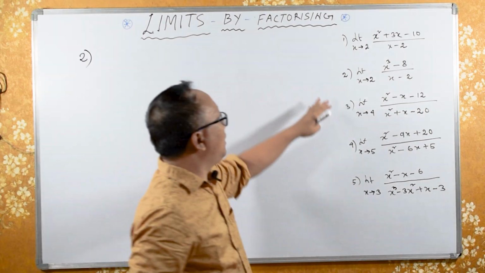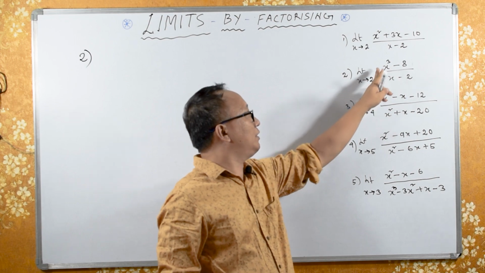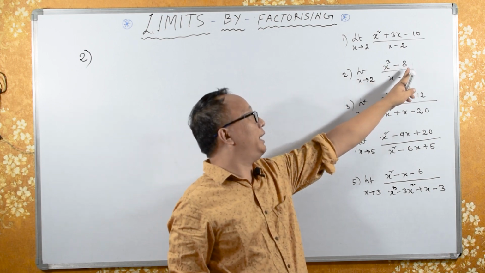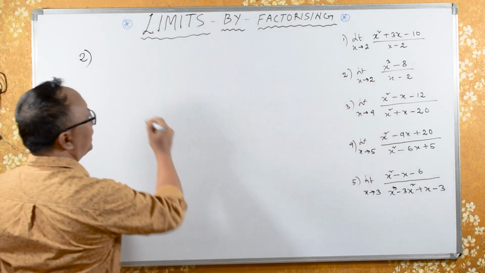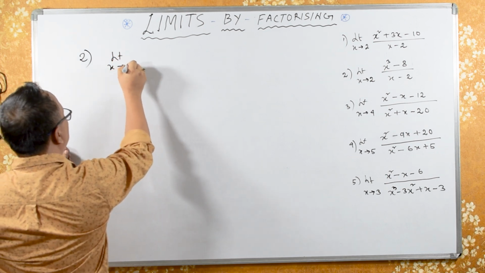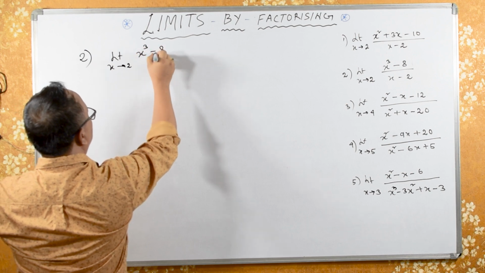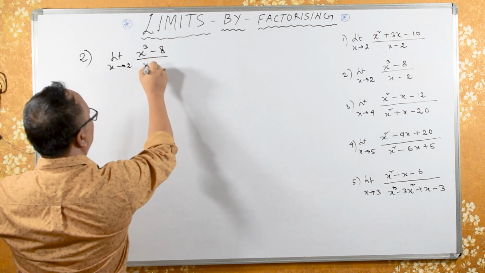Now let's see the next sum, where the limit of x tends to 2 of x cube minus 8 upon x minus 2.